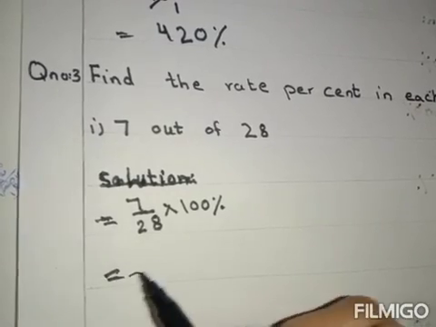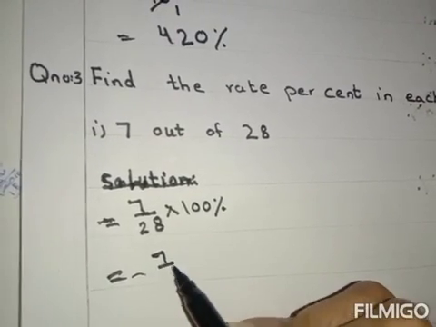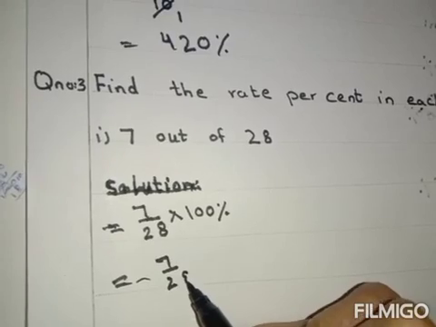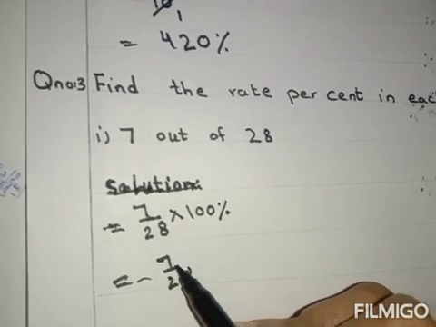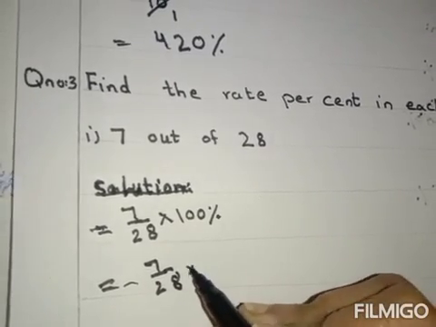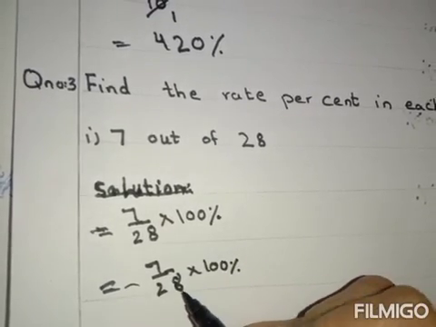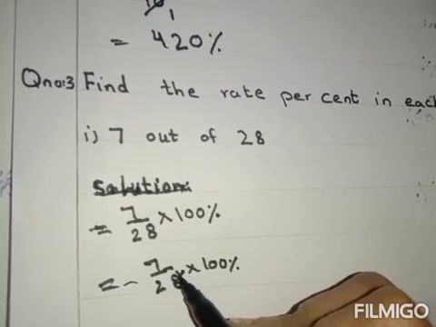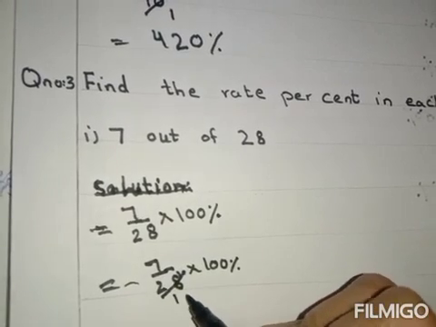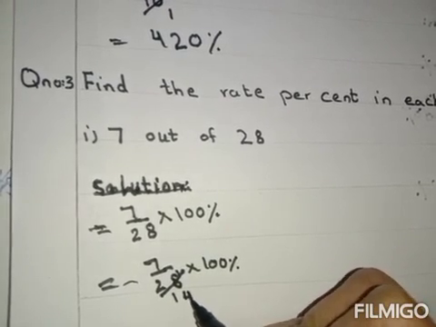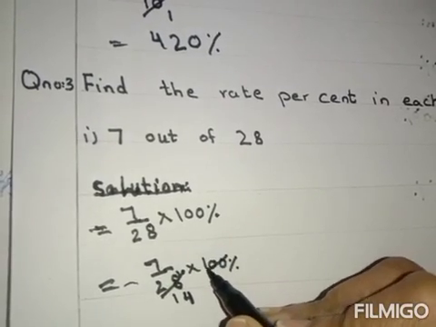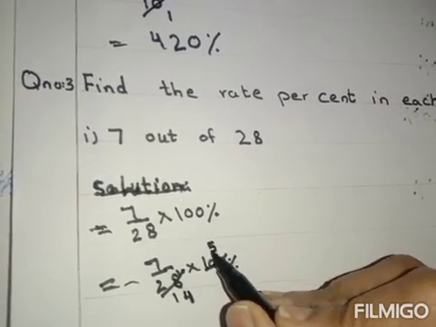Before that, you can do cutting if it is possible. Students, you know that 28 and 100 both are even numbers, so they will occur in the table of 2. So we will cut it with 2. 2 14s are 28 and 2 50s are 100.